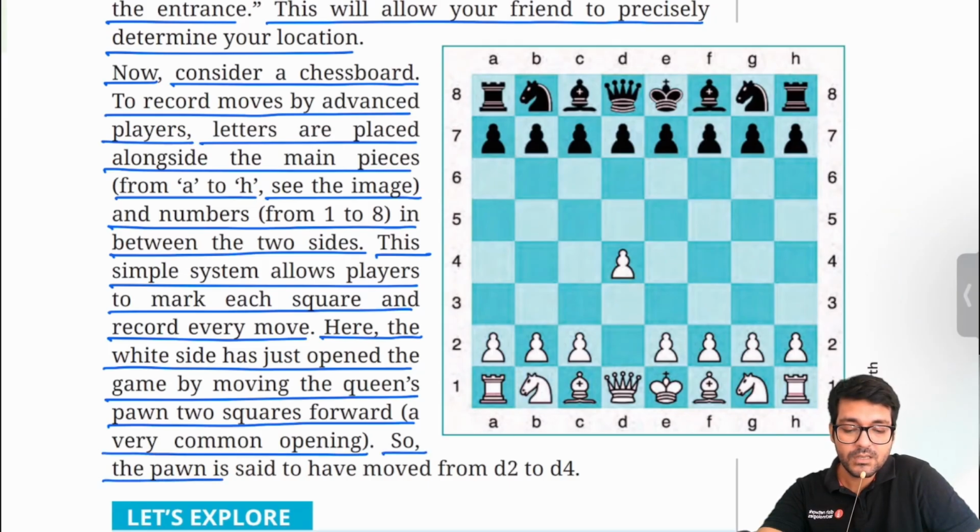So, the pawn is said to have moved from d2 to d4. You can see d here and 2 here. So, this square is named d2 and 4 is here. So, this square is named d4.